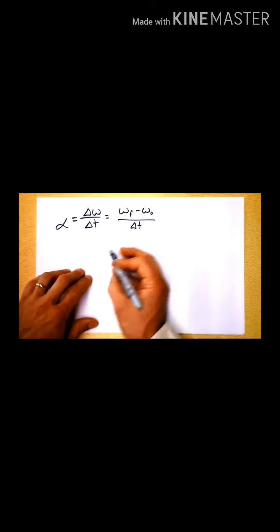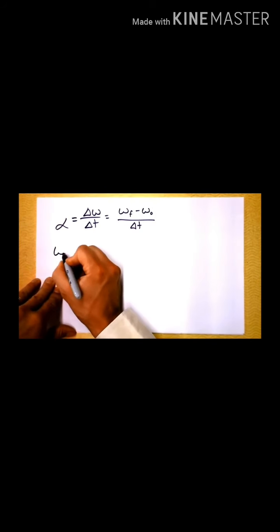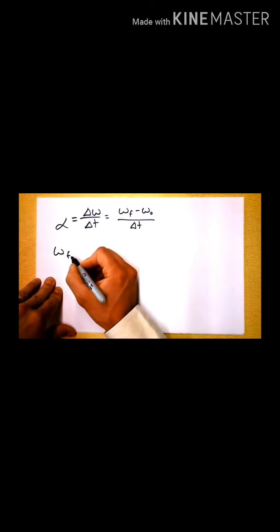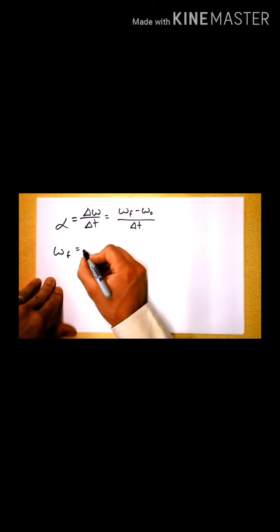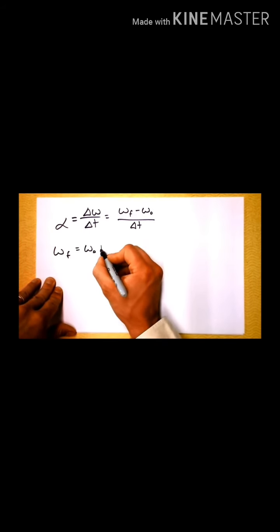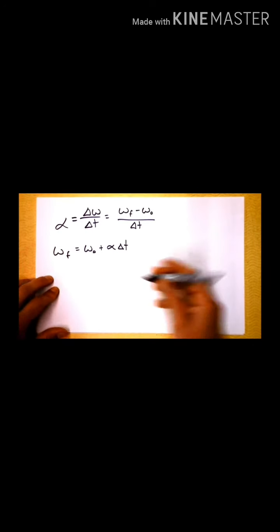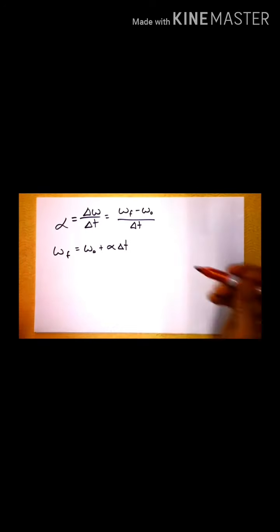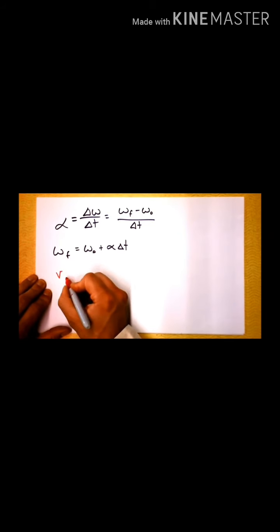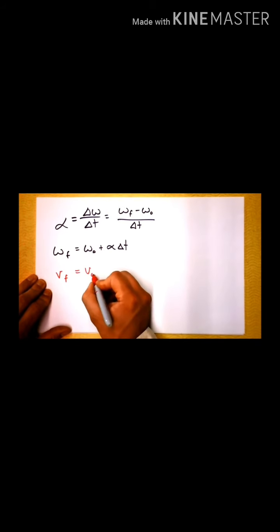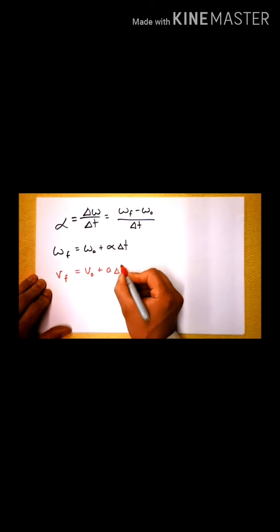So I can solve this for omega final, and it says omega final is equal to where you started plus your acceleration times time. And this looks really similar to final velocity is initial velocity plus acceleration times time.